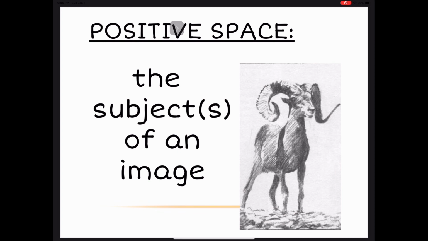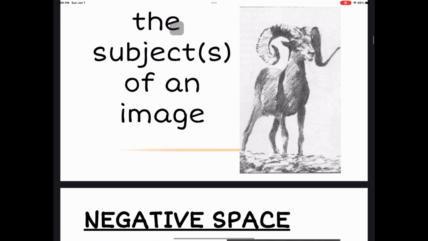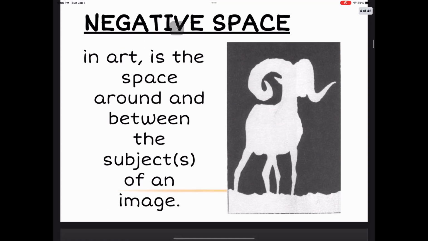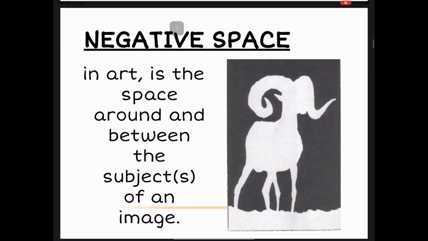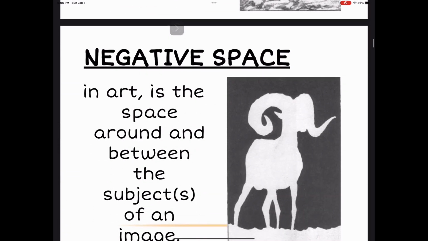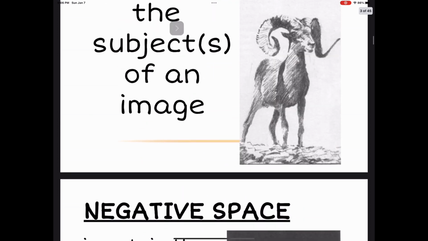a little better. If you'll see here, you have a ram that's sketched in, and he's standing on some ground, and so all around him you have negative space. If you cut the ram out, you're just going to leave the negative space around him. Now I want you to look at that negative space, and you'll see that it has its own shape.